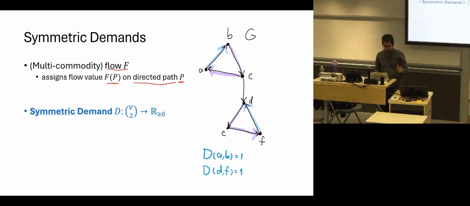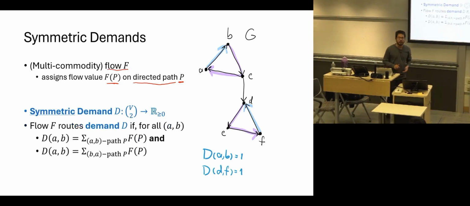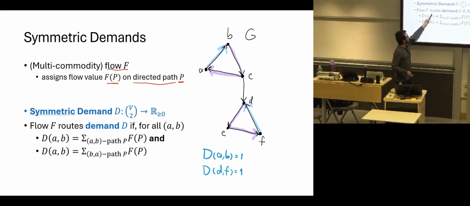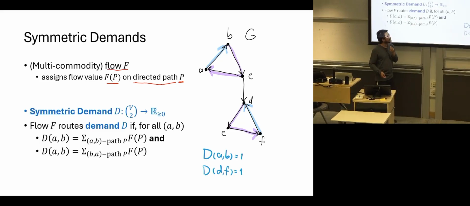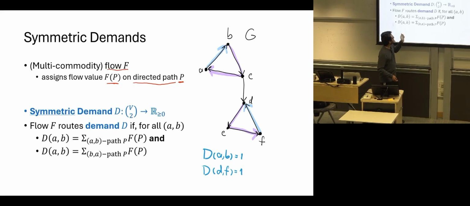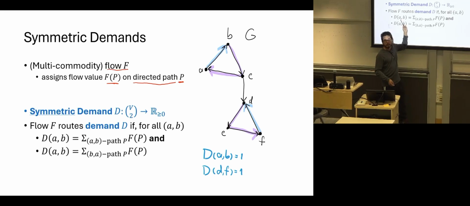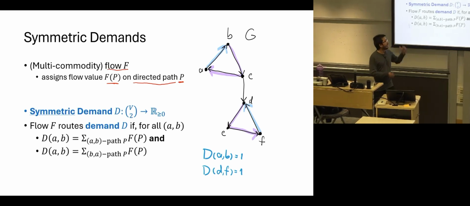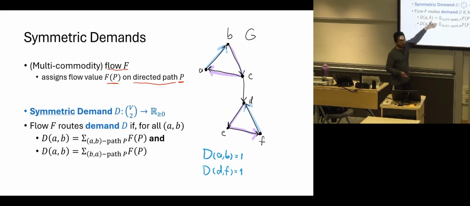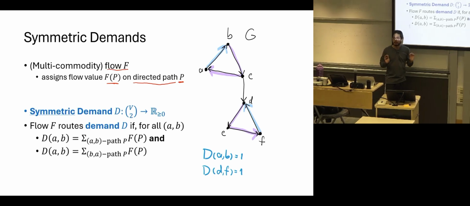We say that the flow routes this demand D if for every pair, the total flow value from A to B is the demand between A and B, and also the other direction is true as well: the total flow value from B to A equals the demand between A and B. If the demand were asymmetric, you wouldn't need this for both directions, but today, demand is symmetric.